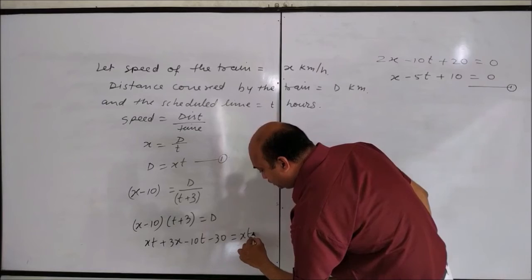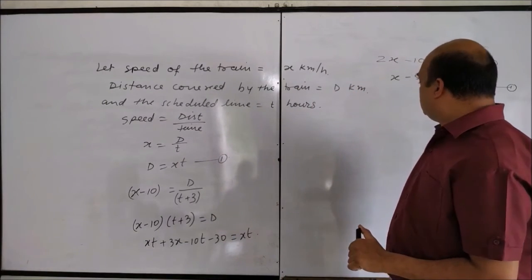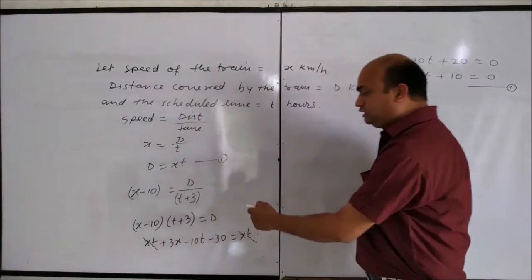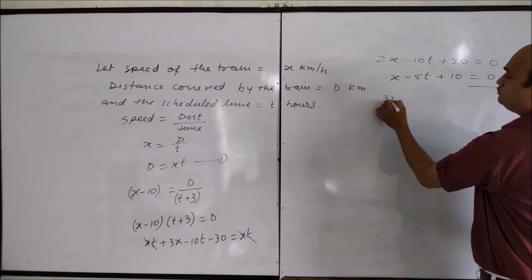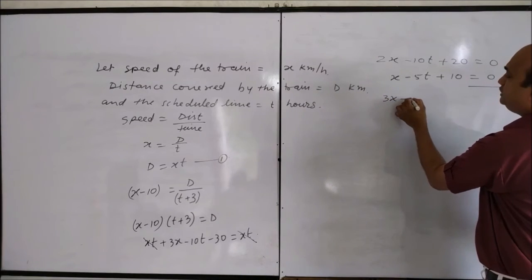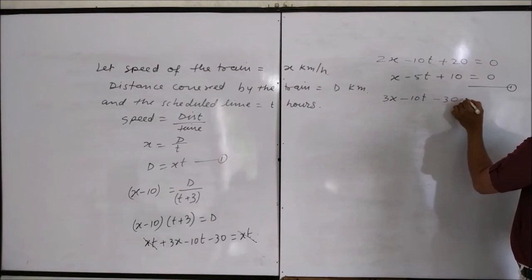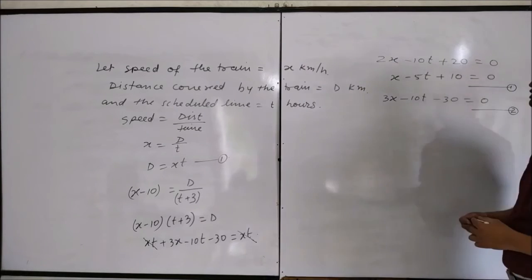The value of d, we put xt from equation number 1. You see, we cancel this xt and this equation will become 3x minus 10t minus 30 is equal to 0. This we consider the second equation.